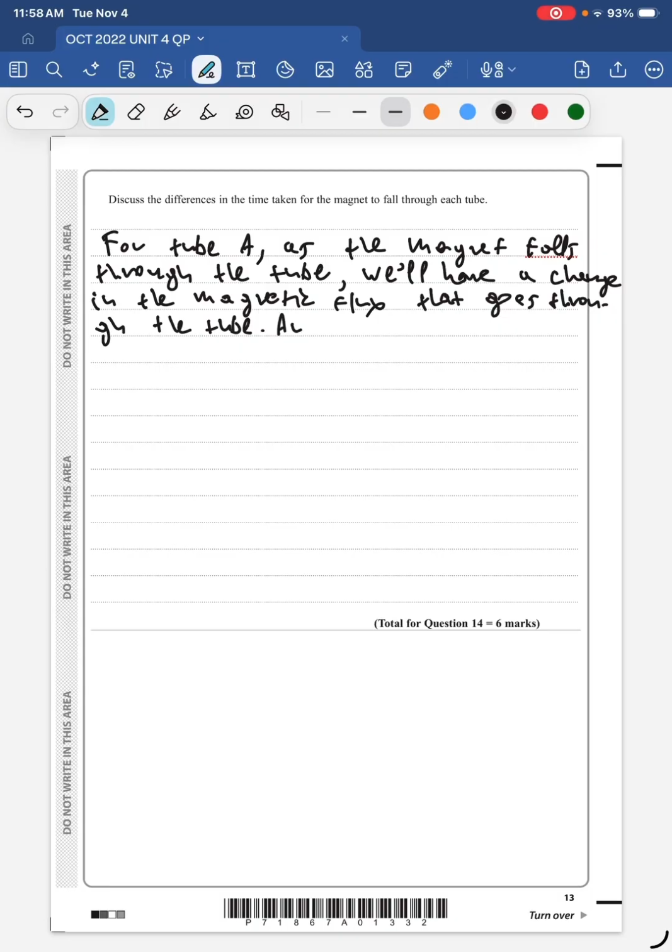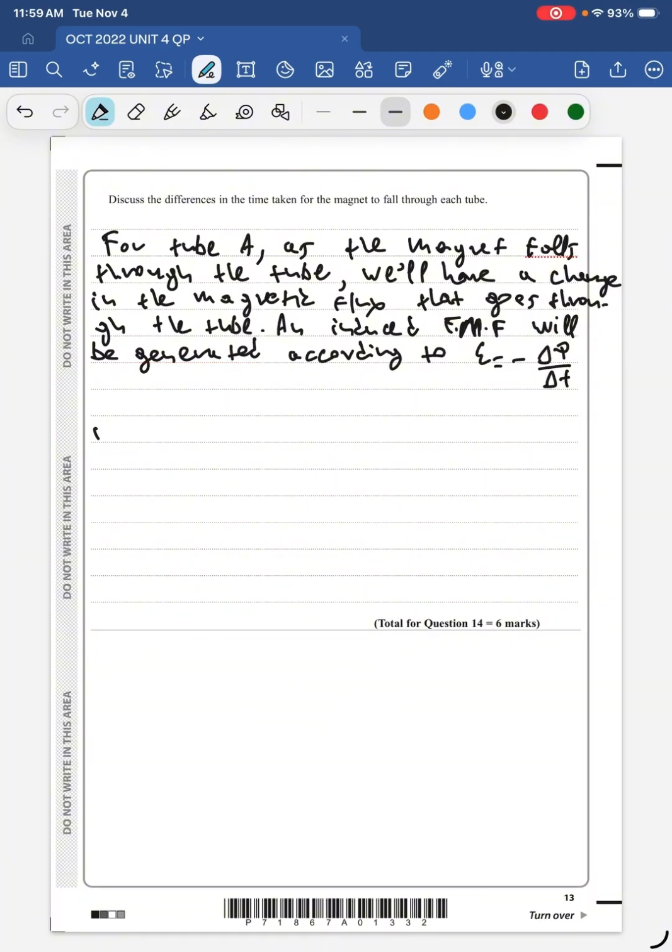An induced EMF will be generated according to E equals minus delta phi over delta t.